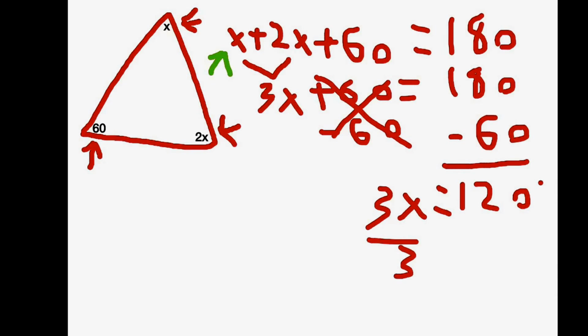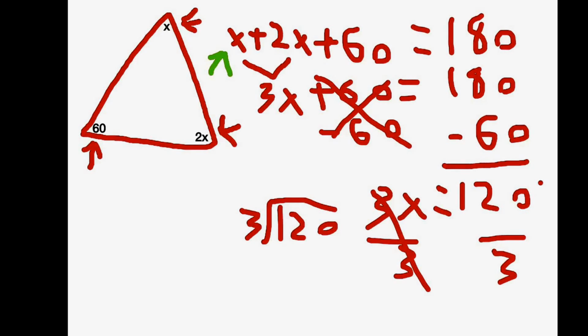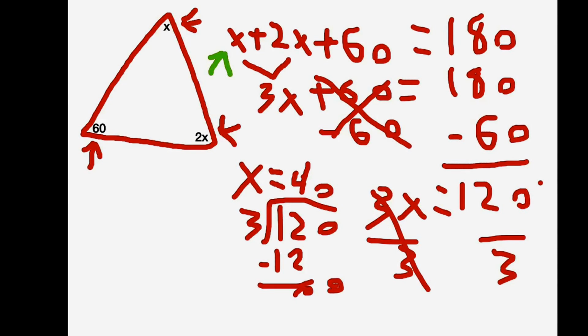We need to divide by 3 on both sides of the equation. Let's do 120 divided by 3. 3 goes into 12 4 times. And 0, so x would then be equal to 40 degrees. And that's how you would solve a more complicated equation like that. But we do need to check it.